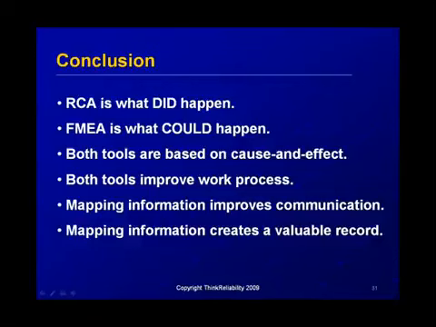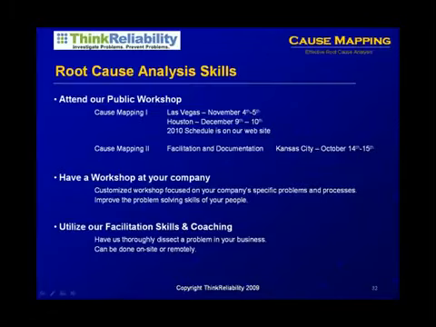Both tools are based on cause and effect, and they're both about improving process. It's always about reliability. Mapping information improves the way people communicate, and mapping the information creates this valuable record for the organization of a lot of knowledge about a specific issue or issues that we've collected in one spot. So it changes the way people communicate in the organization.